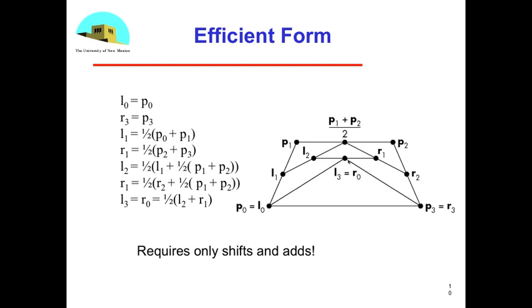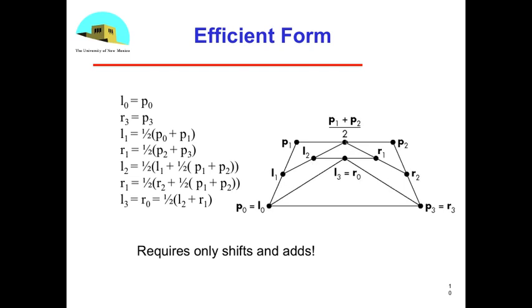So if you look at these equations differently, you could say, here's how I get the results. I can compute P1 and P2 over 2 first, then I can compute L1 by just taking P0 plus P1 over 2. I can get this point, then using this point in the center here, P1 plus P2 over 2, I can now divide them in 2 to get L2.